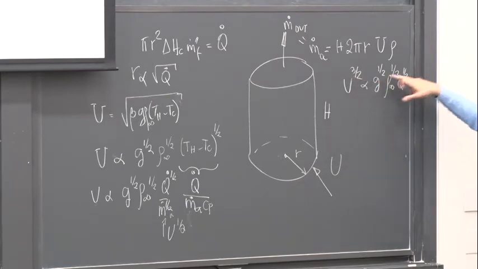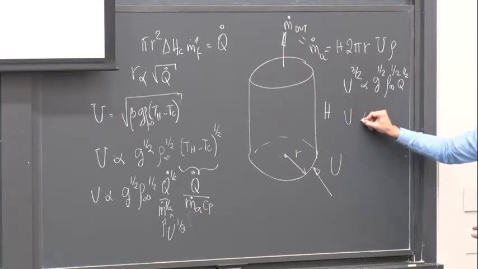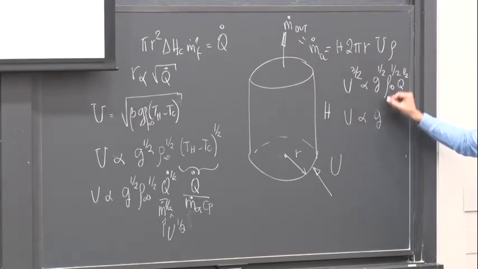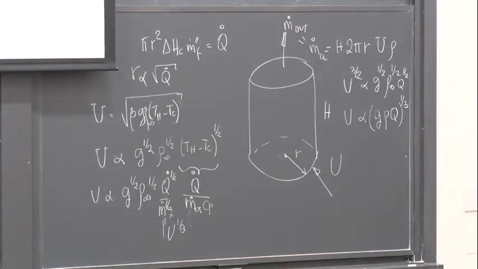So then I basically take the 2/3 power, all the halves go away, and I get that u is proportional to g rho Q all to the 1/3 power. Is that okay? Happy? Which is the same form as your free convection law for laminar flow, of course, because I'm doing the same thing. I'm not introducing turbulence at all. So effectively what you get is all these terms end up to the 1/3.